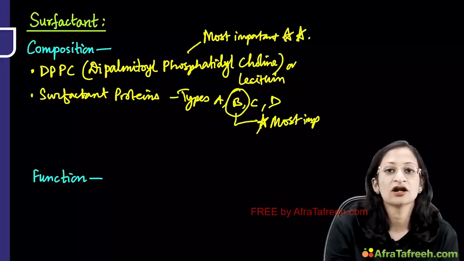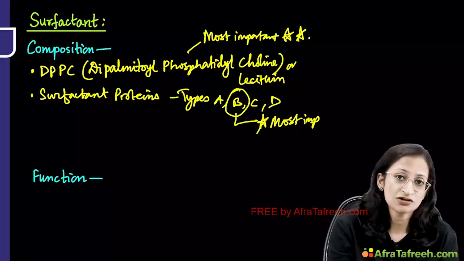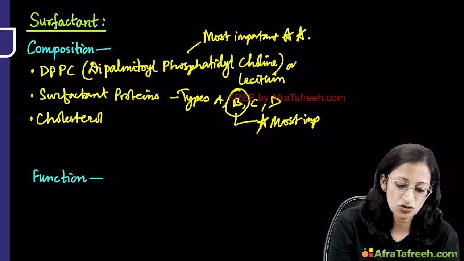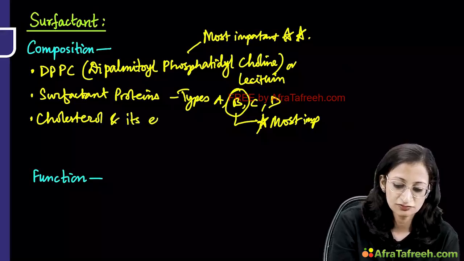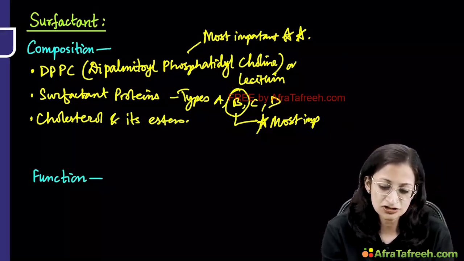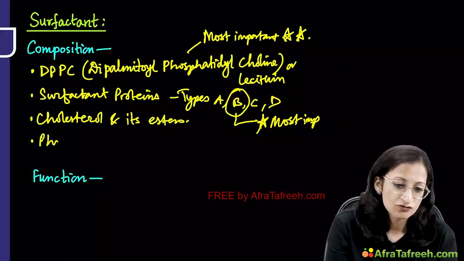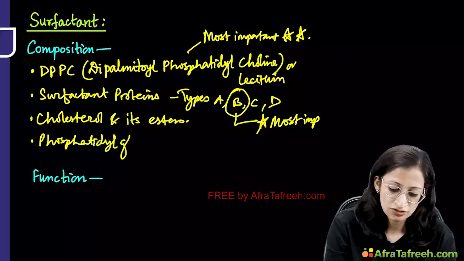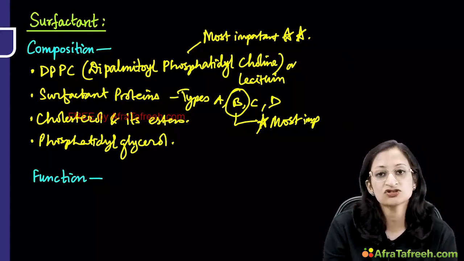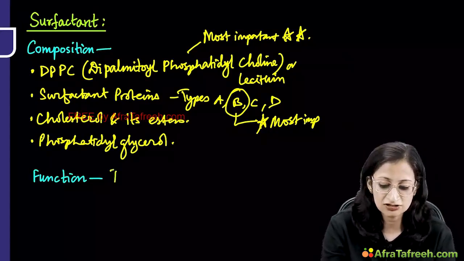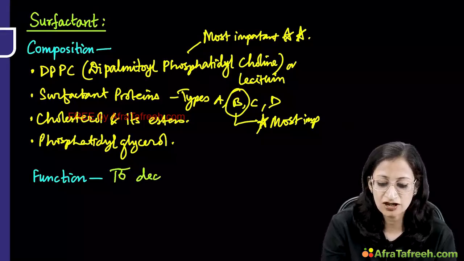Surfactant also contains cholesterol and its esters, and it also contains phosphatidylglycerol. So these are the constituents of surfactant, and the function of surfactant is to decrease the surface tension of alveoli.